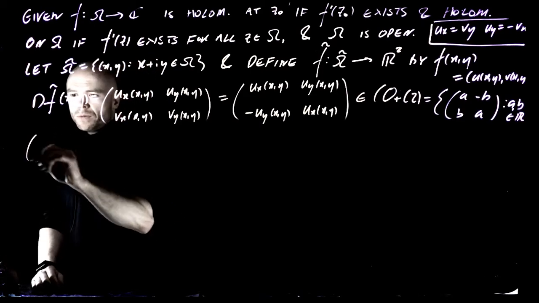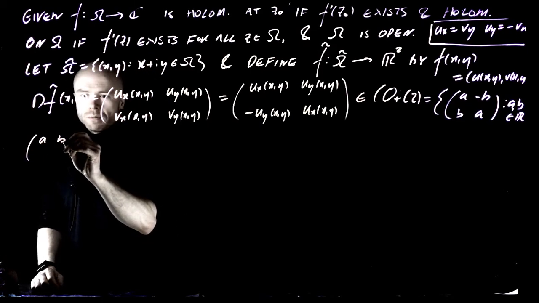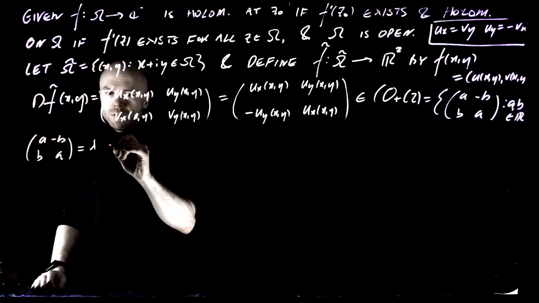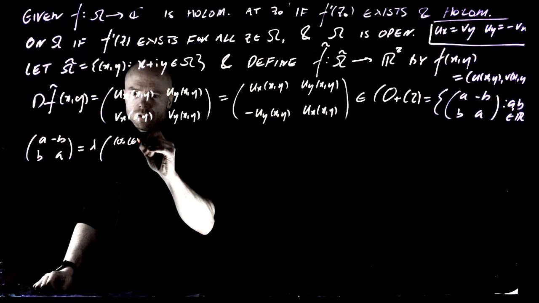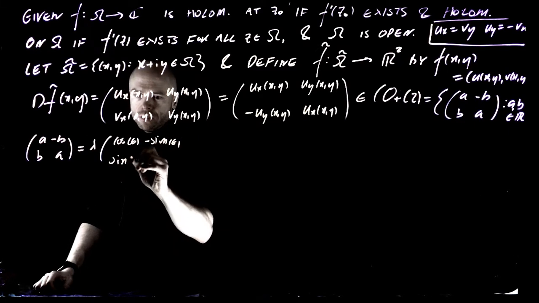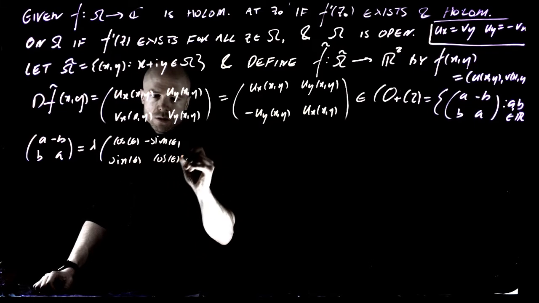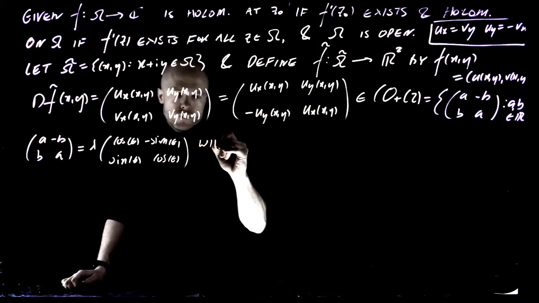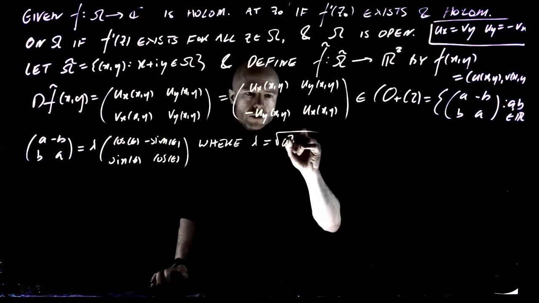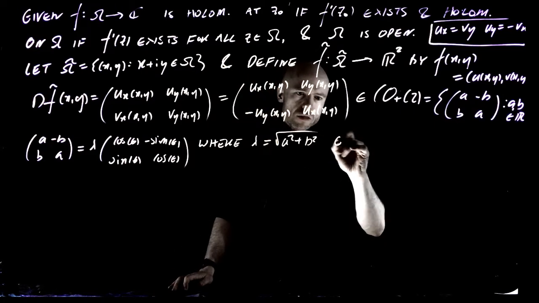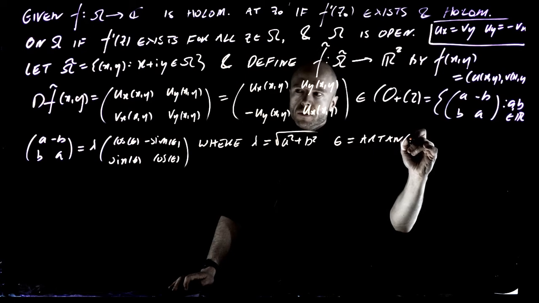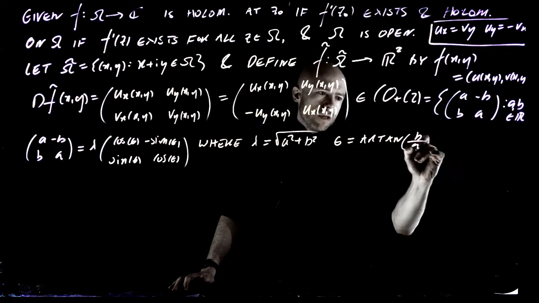So if we have any a, minus b, b, a, then this is just lambda times, say, cosine of theta, minus sine of theta, sine of theta, cosine of theta, where lambda is just the square root of a squared plus b squared, and theta is arctan of b over a.